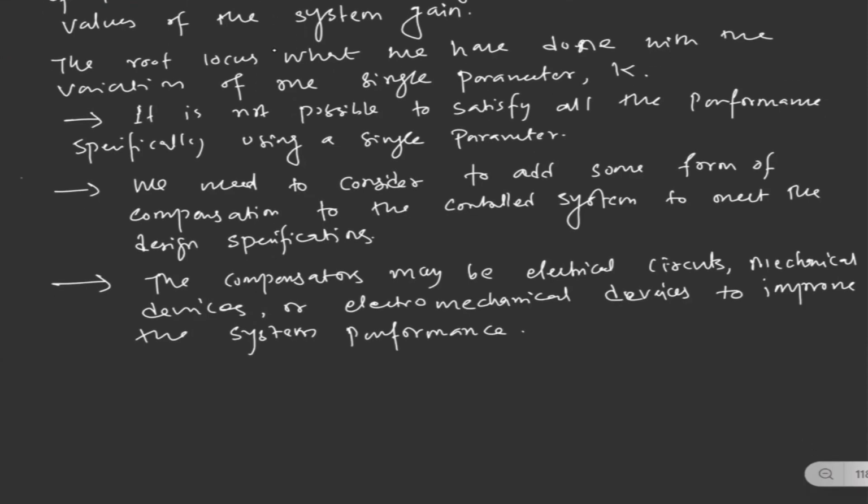And if you look carefully, this compensator is basically adding poles or zeros to the system in the feedforward or feedback path.